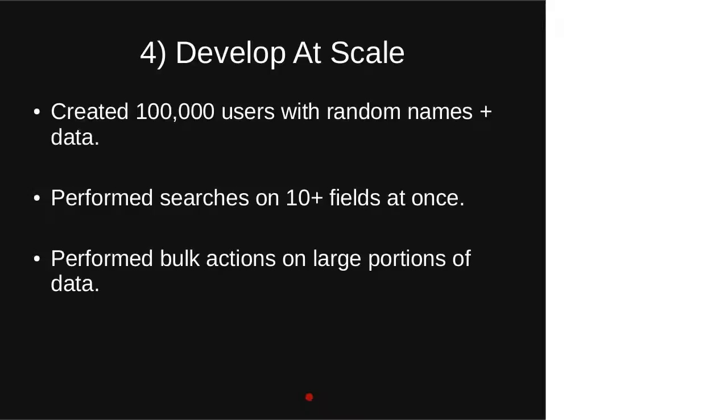And this gave us an idea of how not only the servers would perform, but whether the interface worked that way, whether it was too complicated to add a whole bunch of different fields, whether it took up too much space to have a lot of these fields there. And we actually did go and enroll 100,000 users or 20,000 users. We did searches and enrolled large sections of the data at once to see if it would perform well, if it would work.